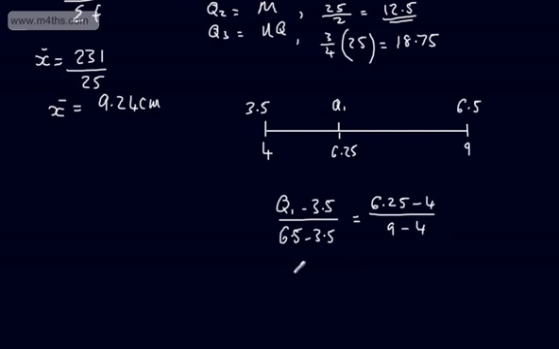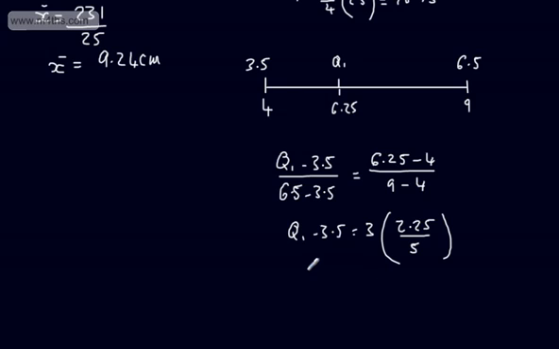So let's do a bit of tidying up. We've got Q1 minus 3.5. This is going to give me 3, so I'm going to have 3 multiplied now by 2.25, so 2.25 over 5. So let's now go ahead and just add the 3.5 to both sides. Q1, this is an estimate for the lower quartile, will be 3.5 plus 3 lots of 2.25 divided by 5.